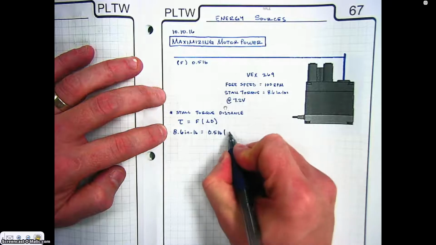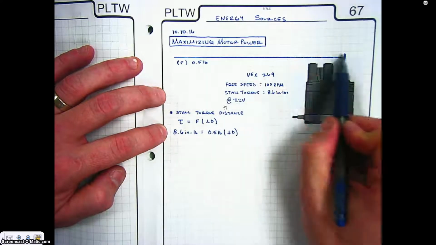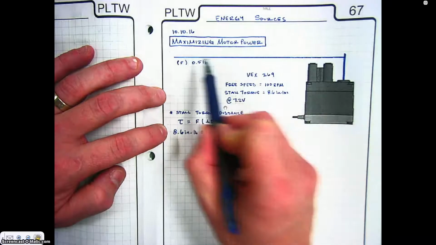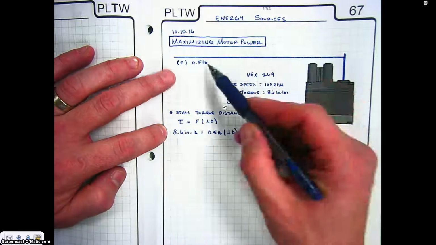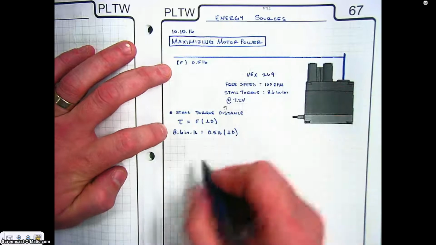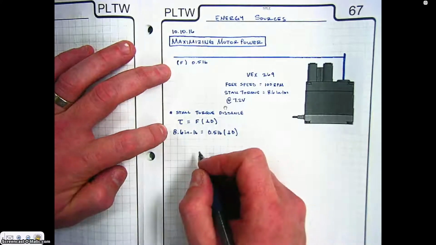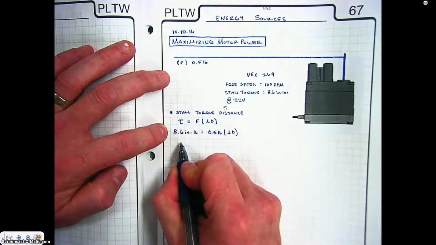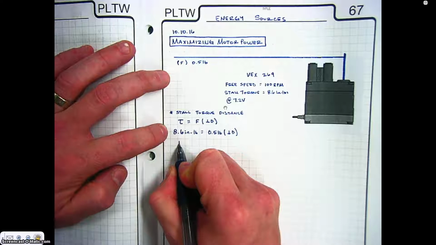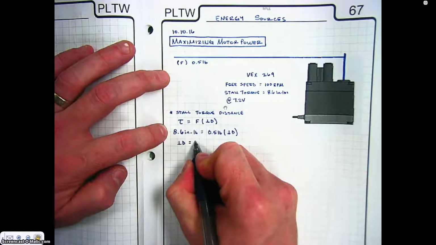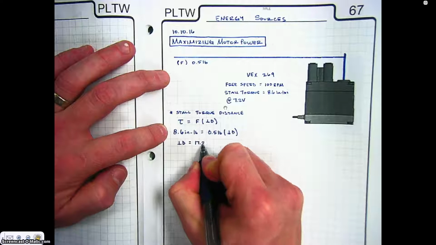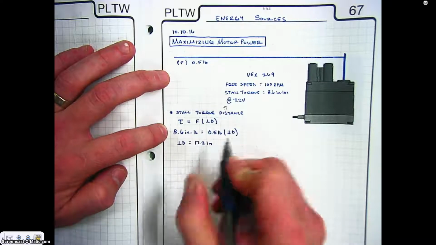What we're figuring out is the perpendicular distance, the distance that this lever can be from the motor and basically stall out. So all we have to do is manipulate our formula: perpendicular distance is equal to 17.2 inches.